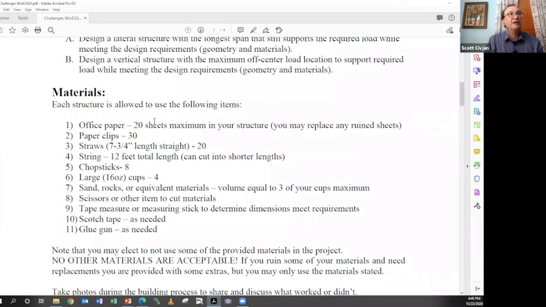But it's basically 20 sheets of paper, a bunch of paper clips, straws, string, chopsticks or pencils, anything along those lines, some cups, and then any sand or rock. It could be pennies, anything like that to fill those cups, or to fill 3 of the cups, but you don't need to use it inside the cups. You could use it anywhere you want.